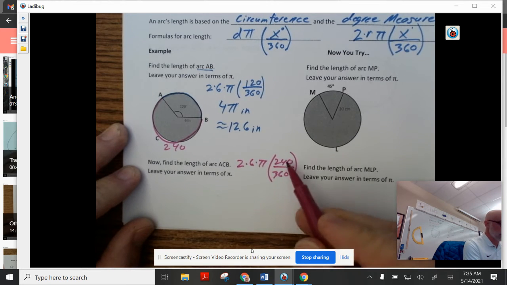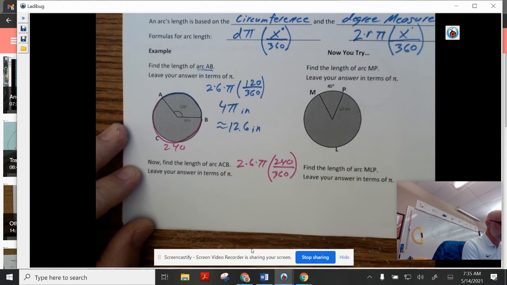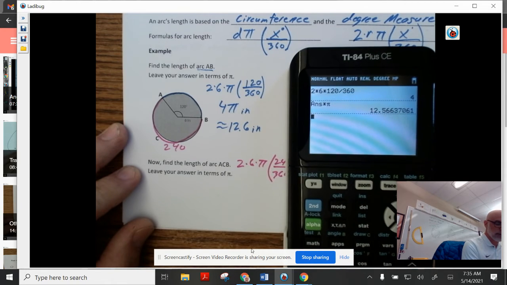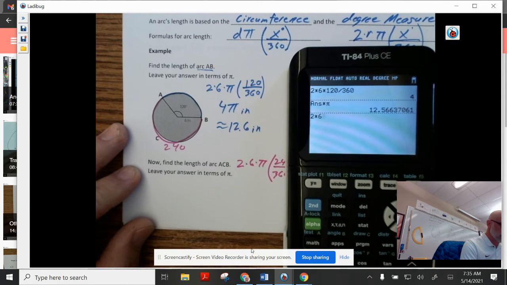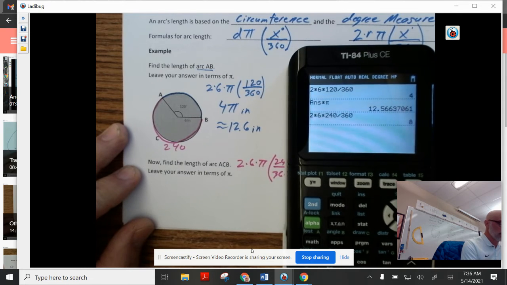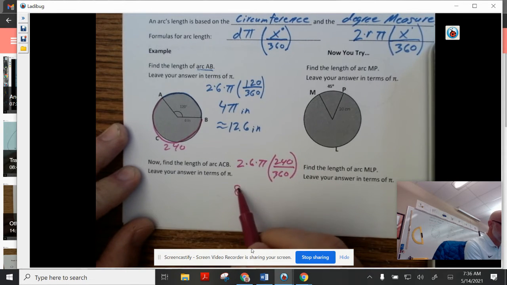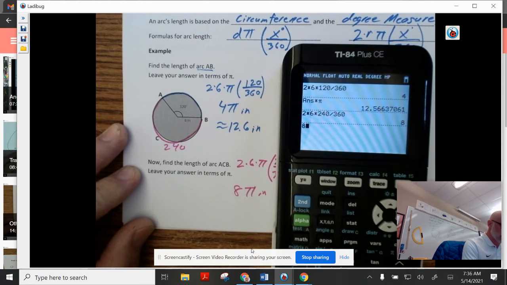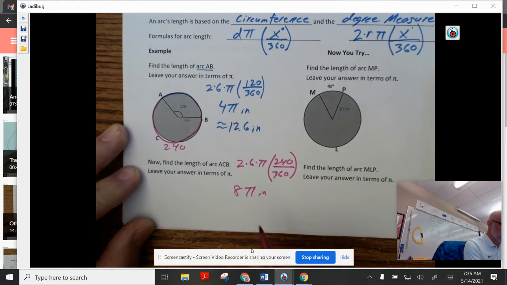Again, this is just the percentage, which is like 67%, but I would type that in my calculator. 2 times 6 times 240 divided by 360, and I would get 8. That's 8 pi, which 8 pi in your calculator is 25.1 inches, right?